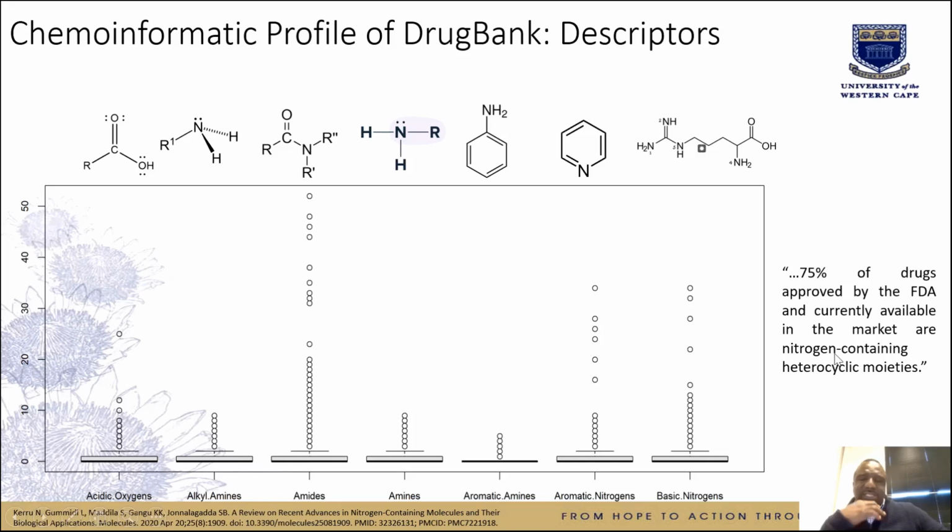But my experience has been that within the FDA approved drugs, and this aligned with what other people have observed, there seems to be a lot of nitrogen containing heterocyclic moieties compared to what you see in natural product databases, where you have oxygen containing heterocyclic moieties.